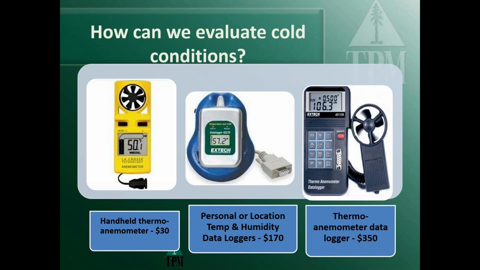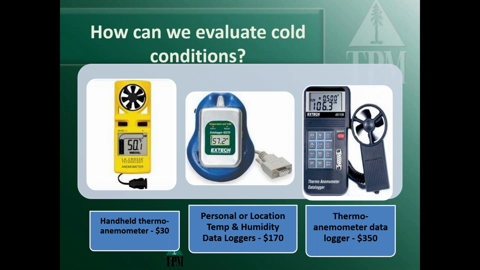So how do we measure these things? You can get that data logger that's a handheld one. They're a little bit more pricey. I'm a big fan of the location temp and humidity data loggers. They're a little less pricey. And you can get the little handheld units, and those are relatively cheap. And you can get those and hang them in areas that you want to measure all the time, and it's going to do its best to measure wind speed and the temperature and everything.